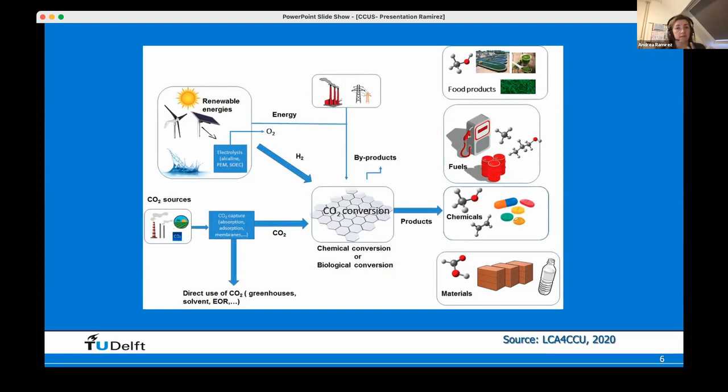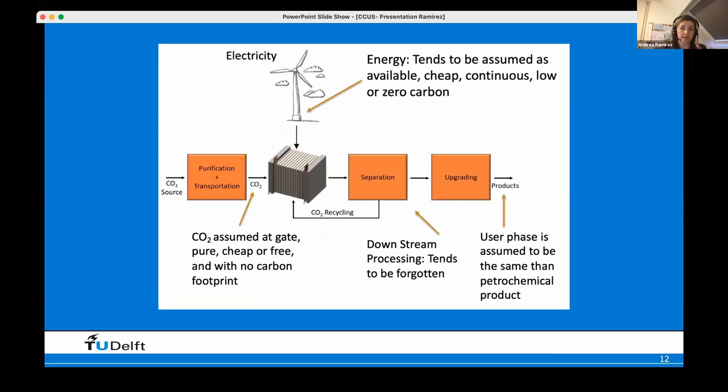Whether you analyze fuels, food products, basic chemicals, or specialties and materials, you get a different picture. That is an unsatisfactory answer for a lot of policymakers. They would like a yes or no, but from an LCA and techno-economic perspective, we keep hammering on the conditions of the systems in which these technologies are implemented. So we cannot just make one big assessment.